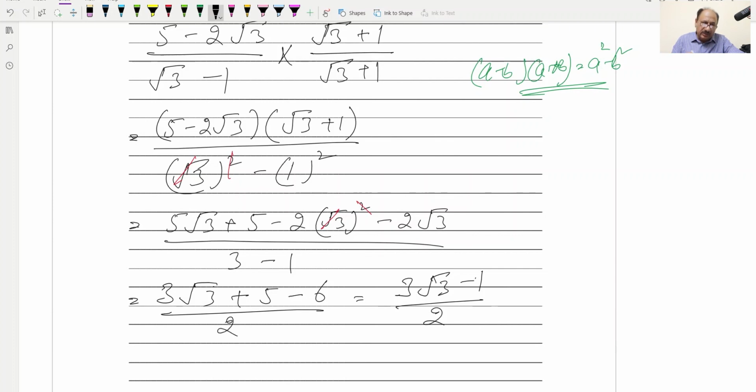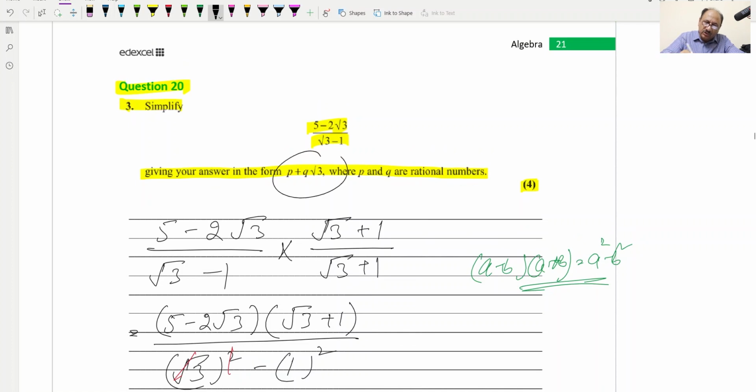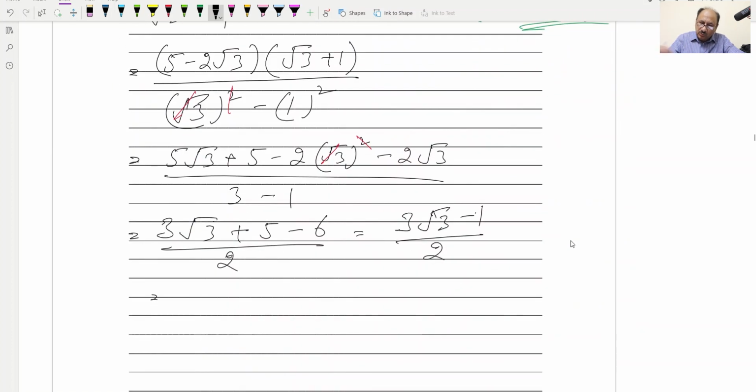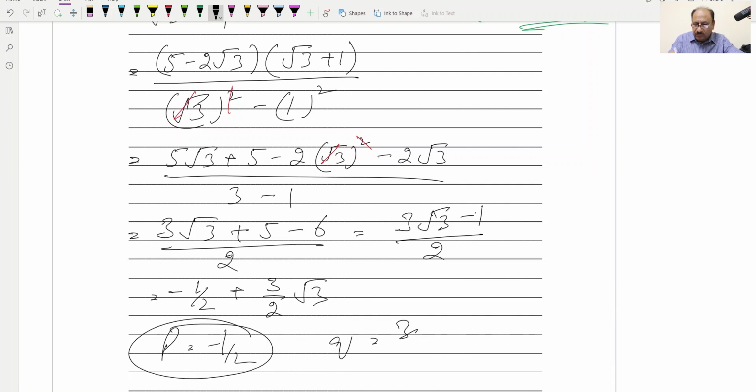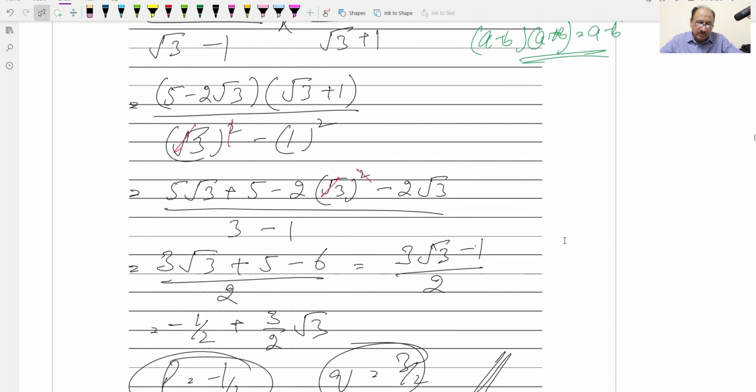Now we can write separately. Basically we need the shape of p plus q under root 3. So we can write it as minus 1 by 2, we will write this portion first, and the second portion will be plus 3 by 2 under root 3. Our p value is minus 1 by 2 and q value is equal to 3 by 2. This is the p and q value. We are done with this question, which was a 4-mark question which we have done.